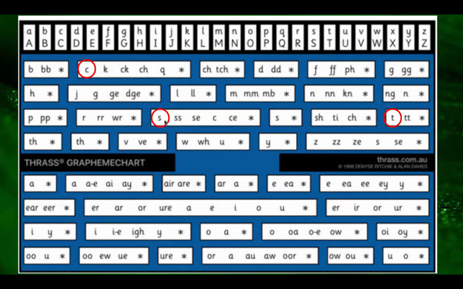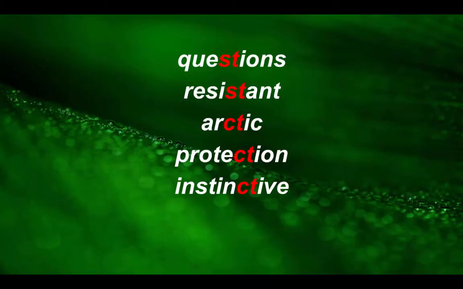section, S, T, st, and C, T, ct. However, take a look at a couple. There's actually a couple of tricks on here, or a couple of slightly different ones.